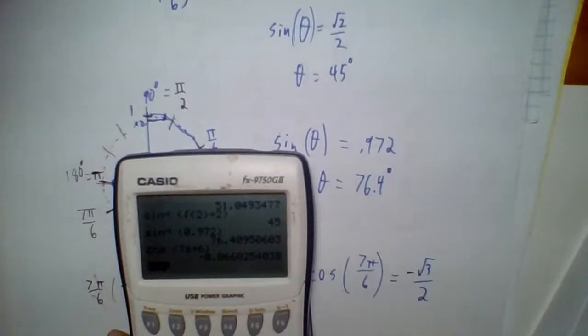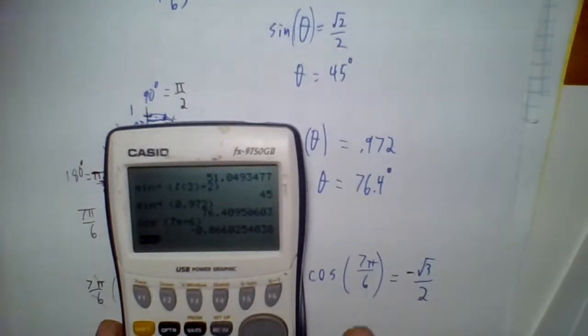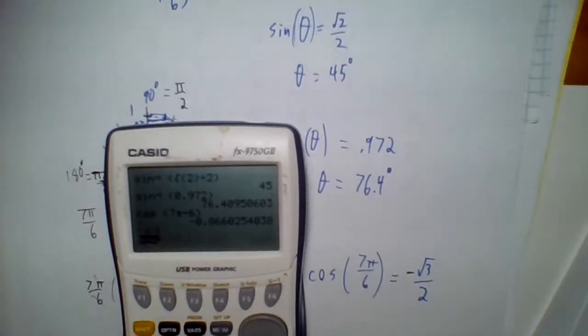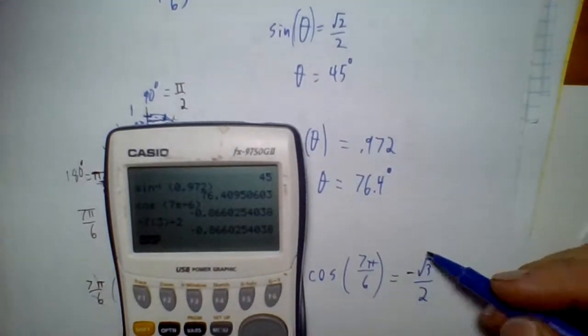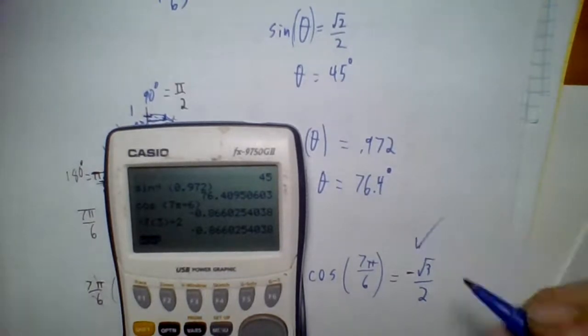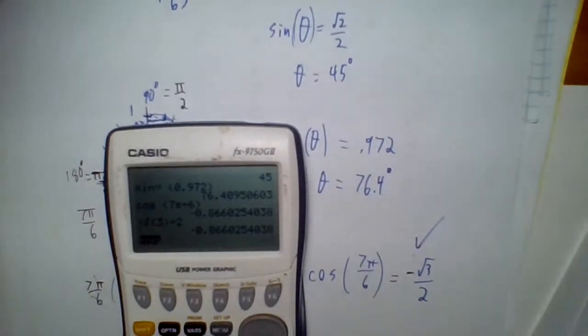And here's a great big decimal right there, but I believe that's the same as this value. I can confirm it this way. If I do negative square root of 3 divided by 2, that's the same value right there. So let's check that this works out. That looks good in the calculator. We got negative square root of 3 over 2.